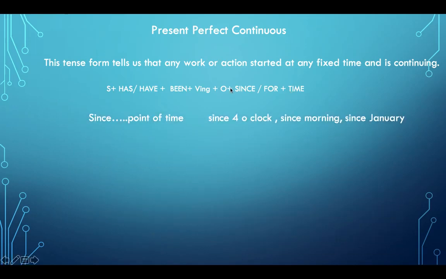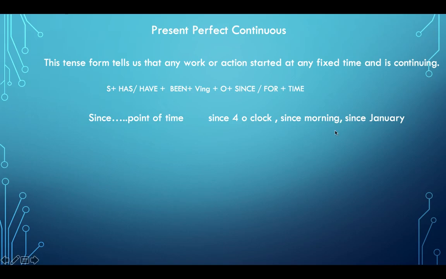Okay, so before that, let us take up this point: where to use since and for. Since and for are used in the perfect continuous form. This have been, had been, has been form plus ing plus since and for is always used in perfect continuous form. Since is used when we are talking of a particular point of time. Suppose I say since 4 o'clock, a point of time is being given.